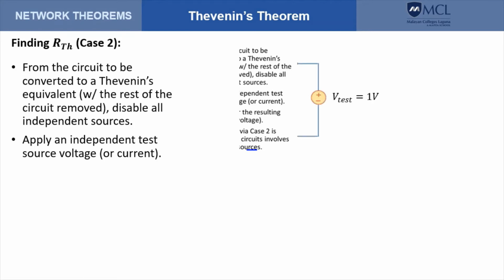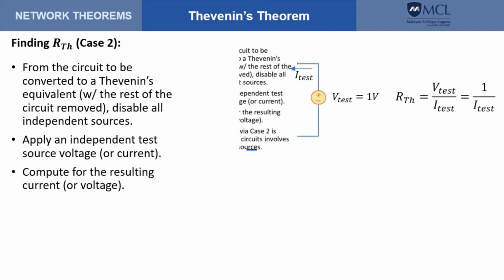So let's say we apply an independent voltage source of 1 volt. Our objective here is now to find what is the resulting current after applying the test voltage. Once we have determined the resulting current, let's call it I sub test, we can compute RTH by using this formula.